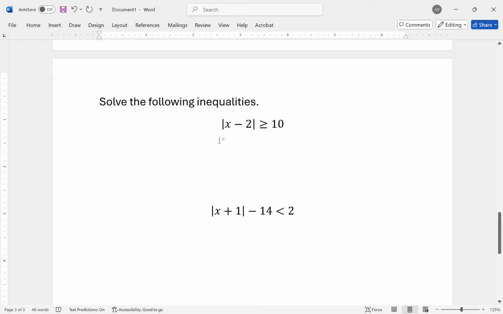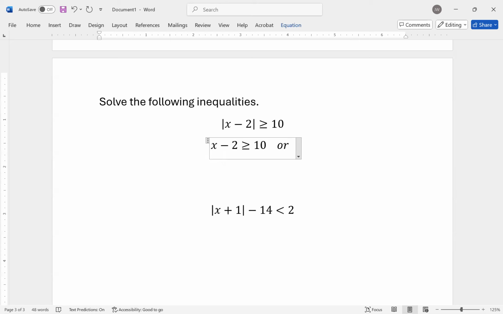So in order to solve this algebraically, this first one, we've already have the absolute value isolated on the left-hand side. So we can create two different equations. Now, one of them is going to be our standard x minus 2, and then we're going to keep the sign facing the same way when we use the positive 10.